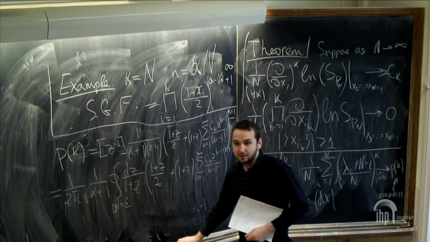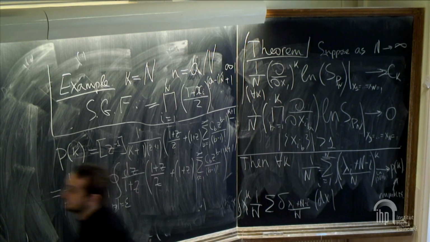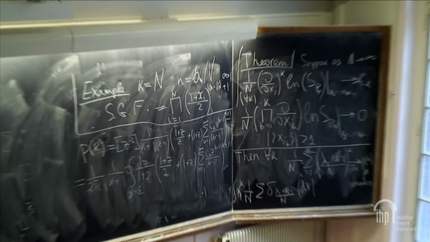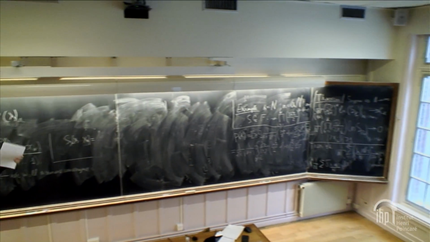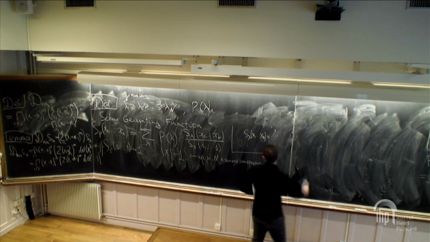OK, so let's start proving this theorem. You prove it for a generic generating function. Exactly, generic. In the end, we will use it for the ASEC, but the power of the theorem is, of course, that it's completely generic. You don't need to know anything.